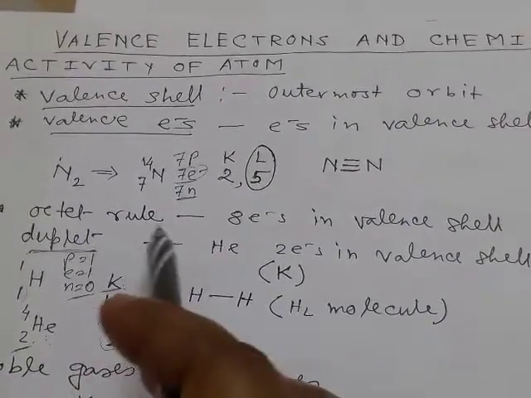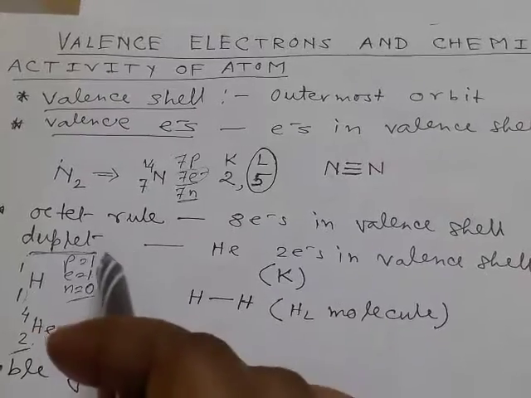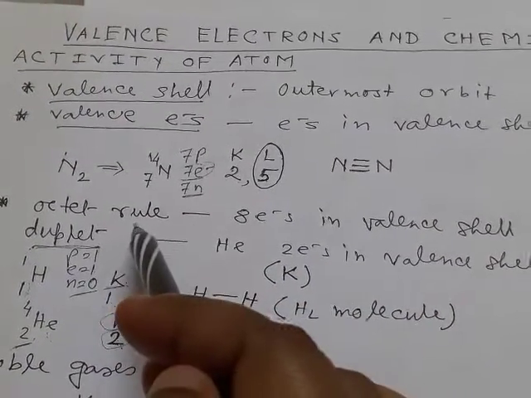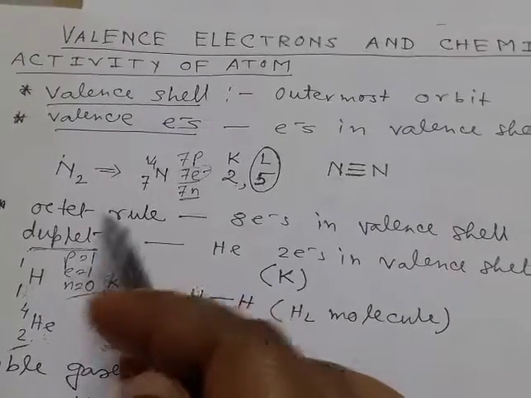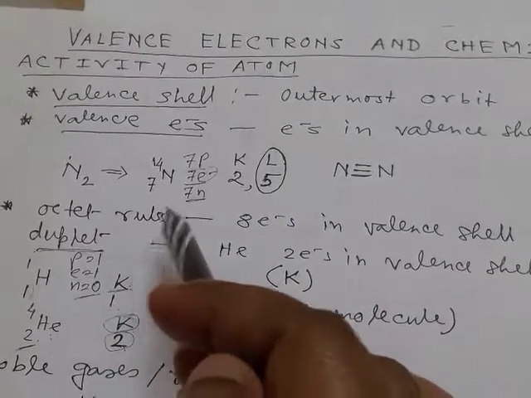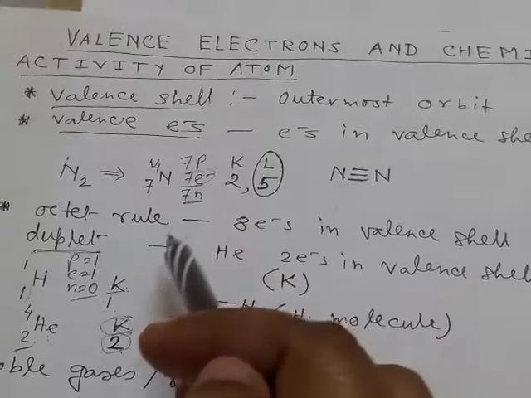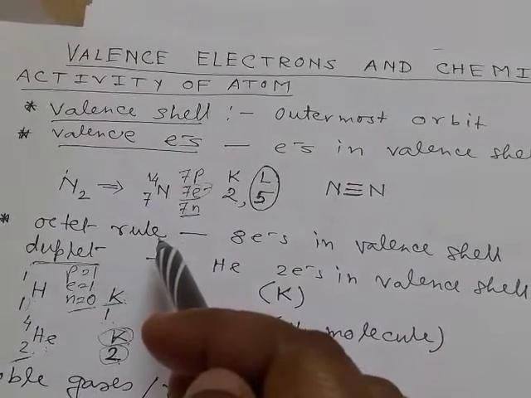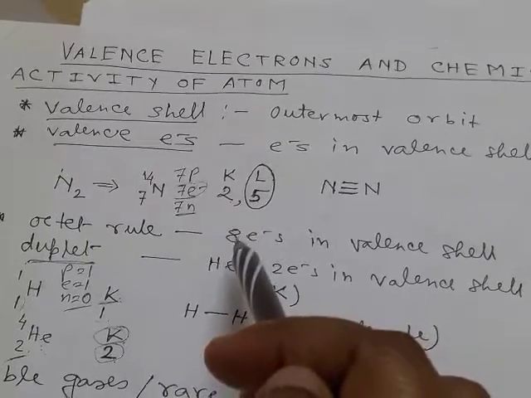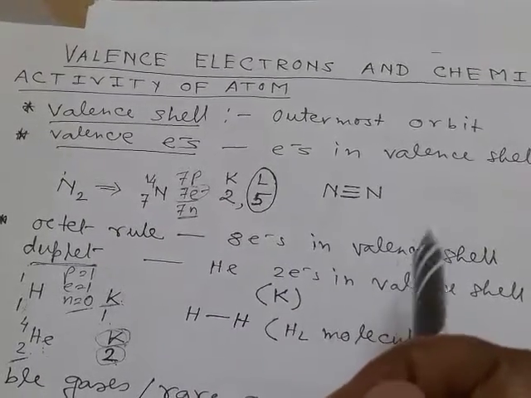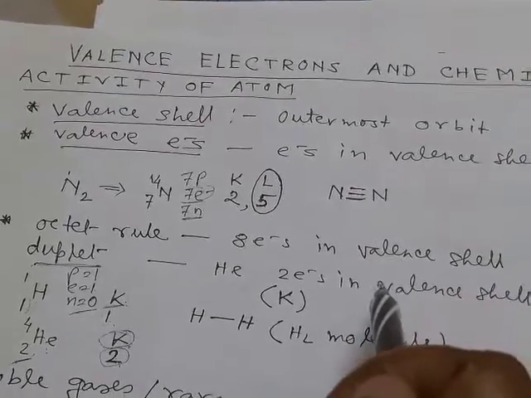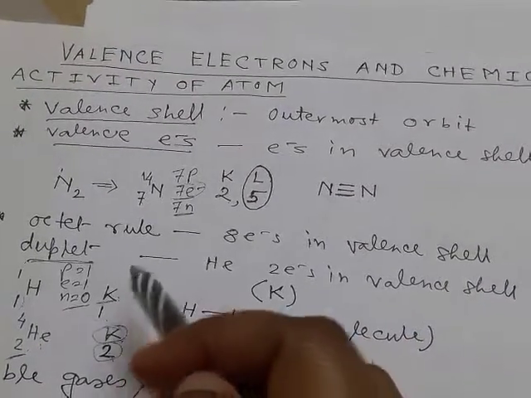Now what is the octet rule and what is the duplet rule? Most elements are reactive, that is, an atom has a tendency to combine with another atom of the same element or of a different element.